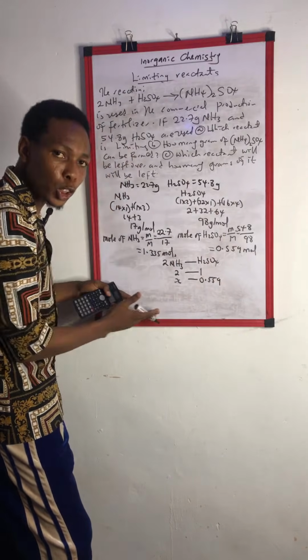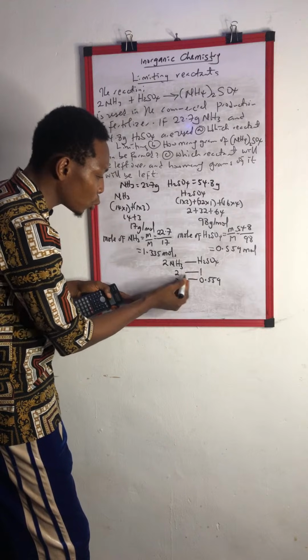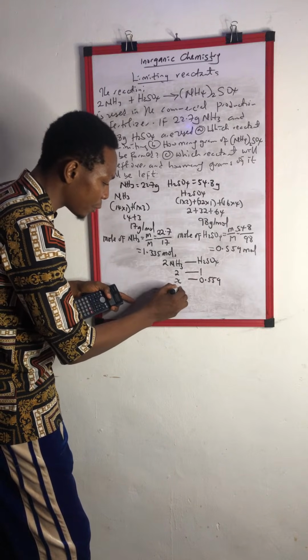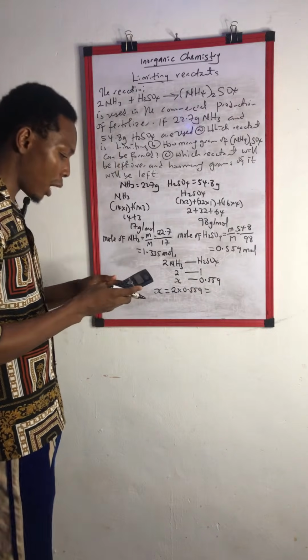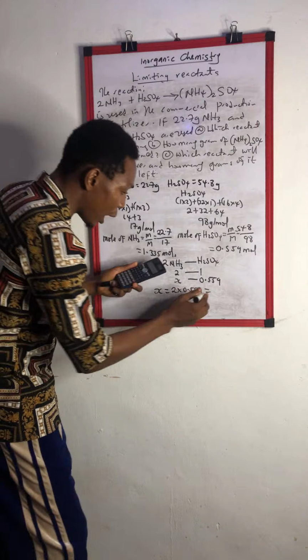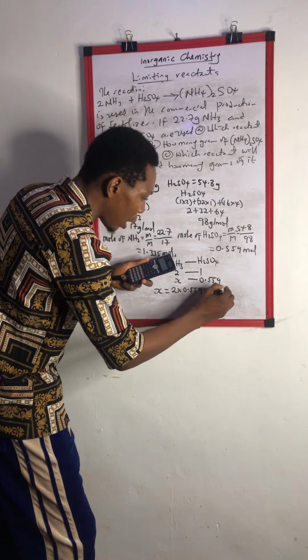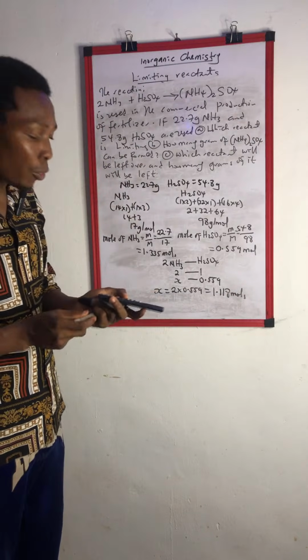What do we do? We cross multiply. 1 times S is still S, equals 2 times 0.559. So 2 times 0.559 gives us 1.118 moles.